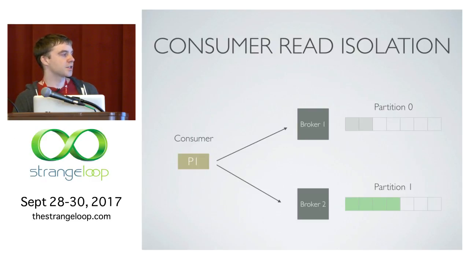So as soon as we get the marker on one partition, that data is visible. So the consumer can read that data, even though the other partition has not got the marker yet. So the point is that there's no read atomicity across partitions as far as transactions are concerned.